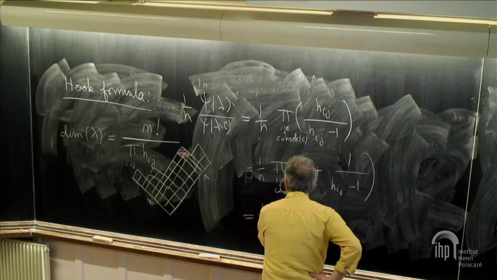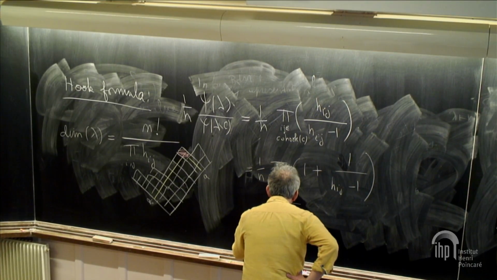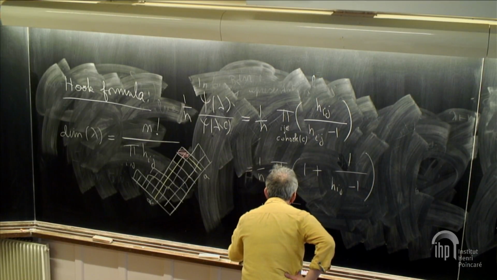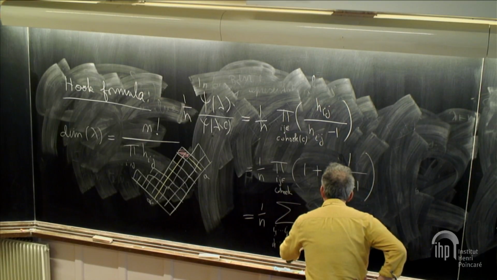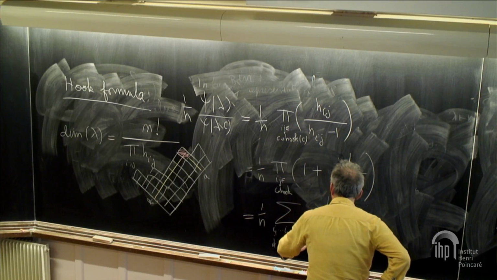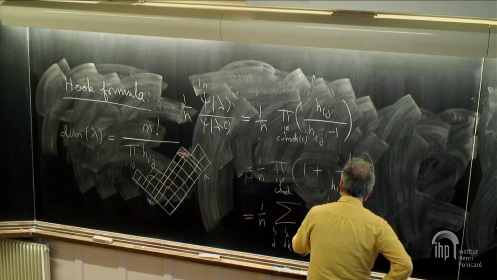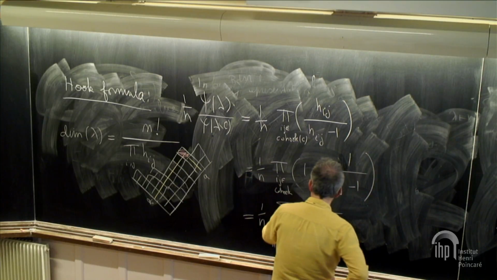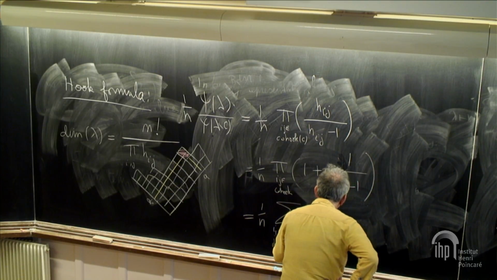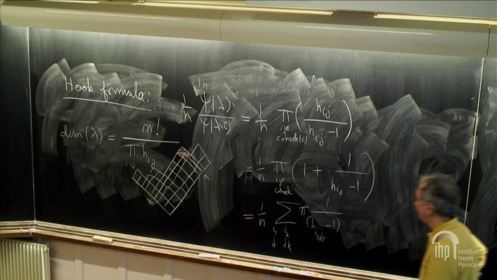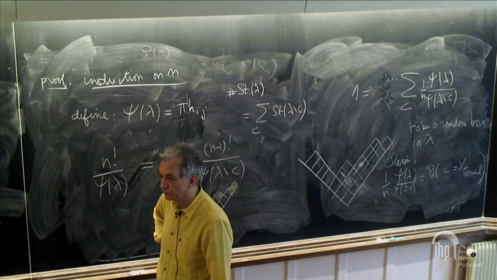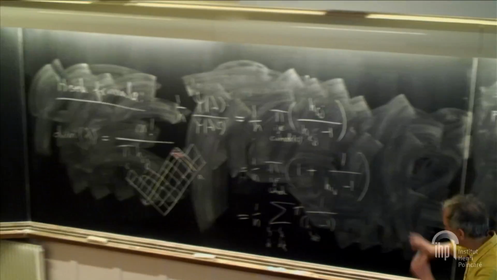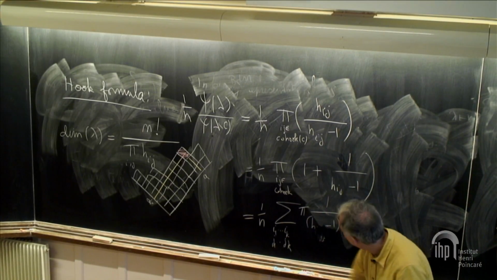I will expand this product, sum over i1 ... ik, j1 ... jk of 1 over h of i1 j1. No, sorry, I made a mistake.